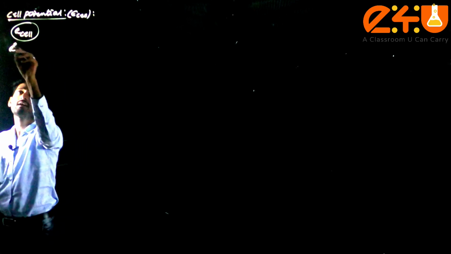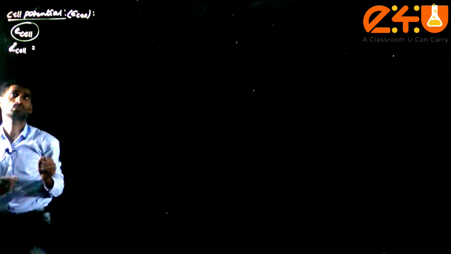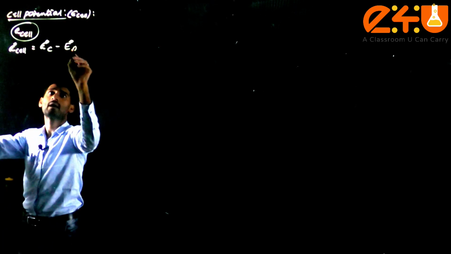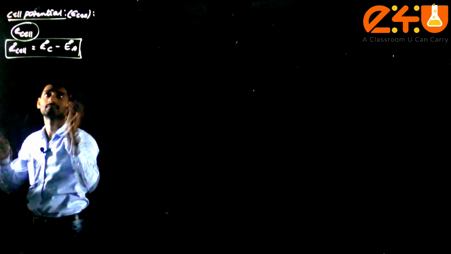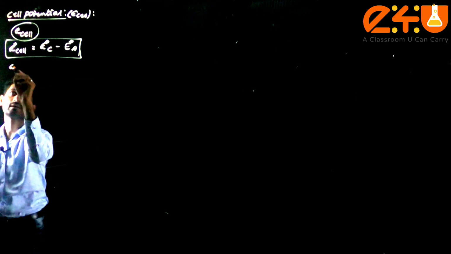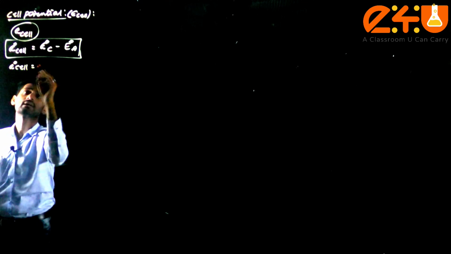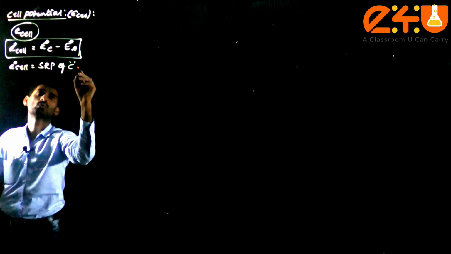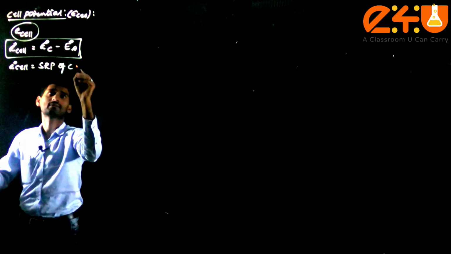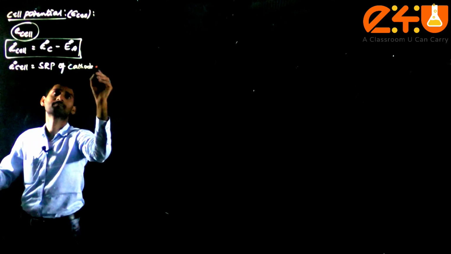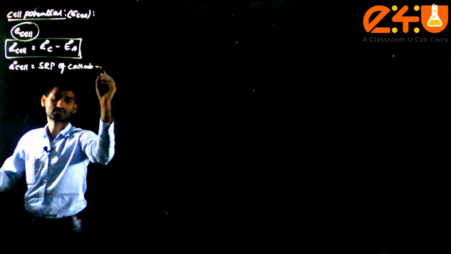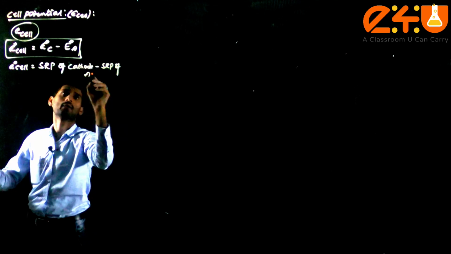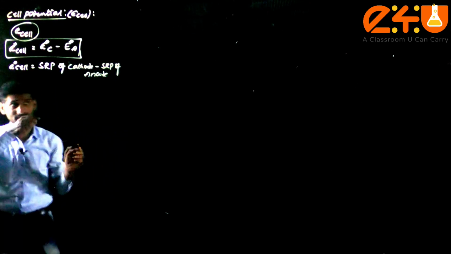Then E naught cell is generally written as E naught of cathode minus E naught of anode. That is, E naught cell is equal to the standard reduction potential of cathode minus the standard reduction potential of anode.